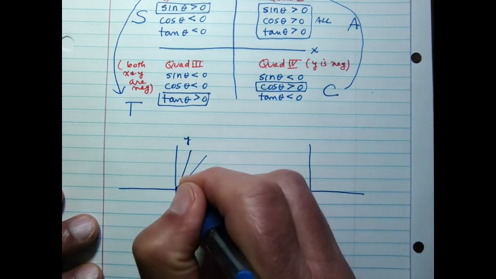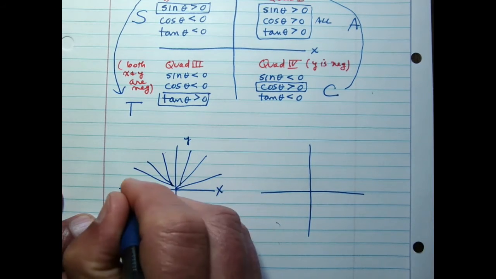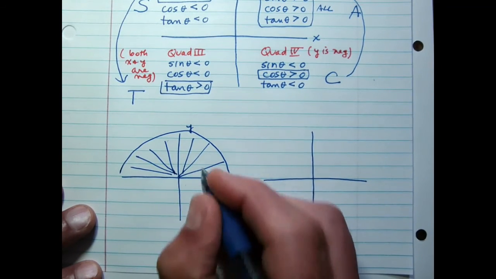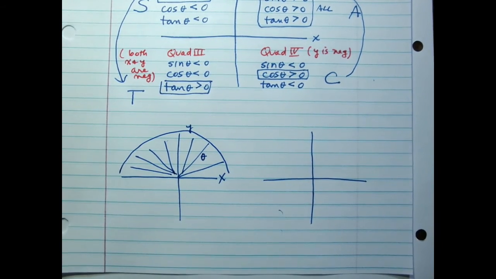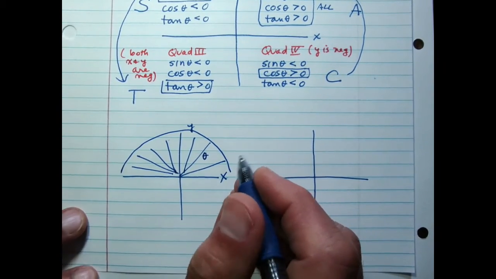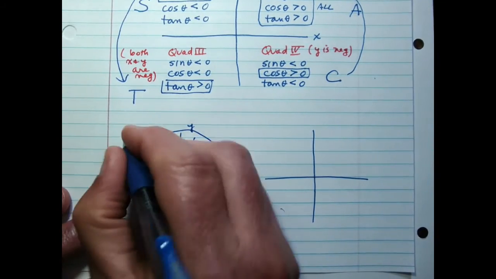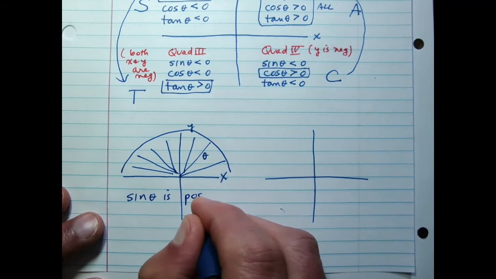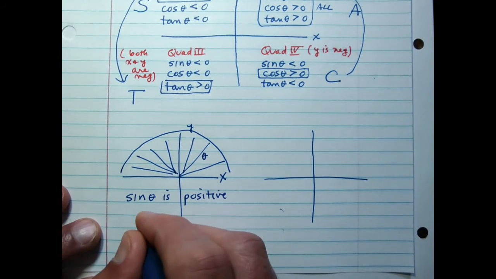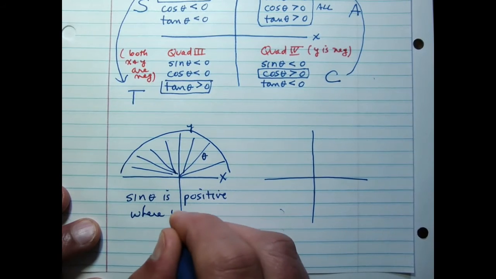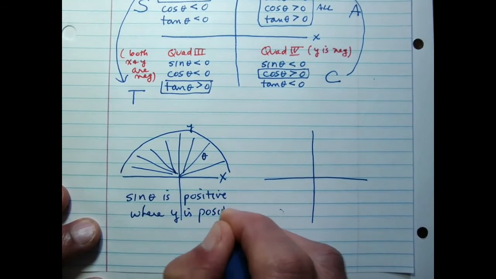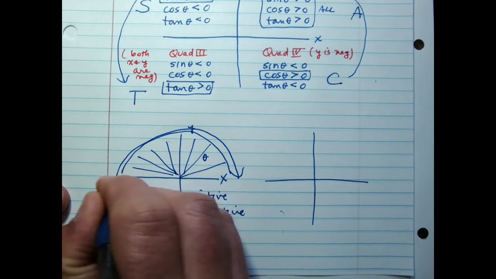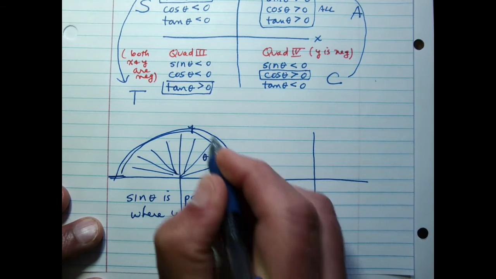So if angles have terminal sides anywhere above the x-axis, sine theta is positive where y is positive, and that's in this upper half of the plane.